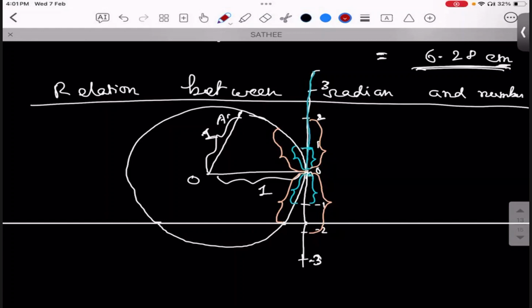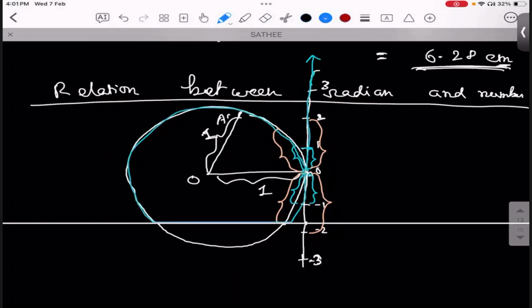Depending on that we can get 1 radian, 2 radian, and so on. And now you can say that these number sets are infinite. That's why I said that in this case you don't need to worry about positive or negative, because if you wrap the real numbers, the blue line will wrap this circle again and again and again, like this.